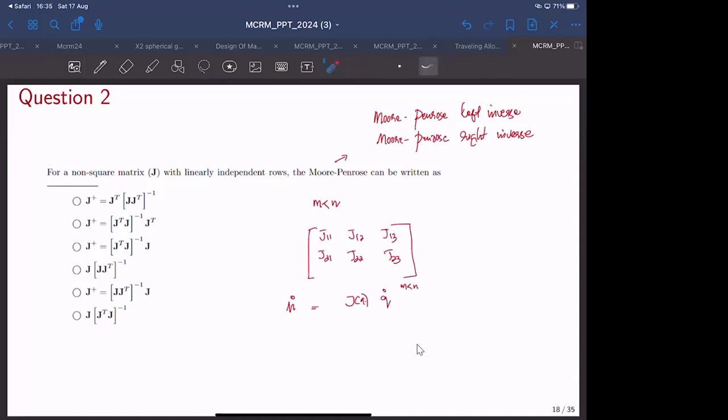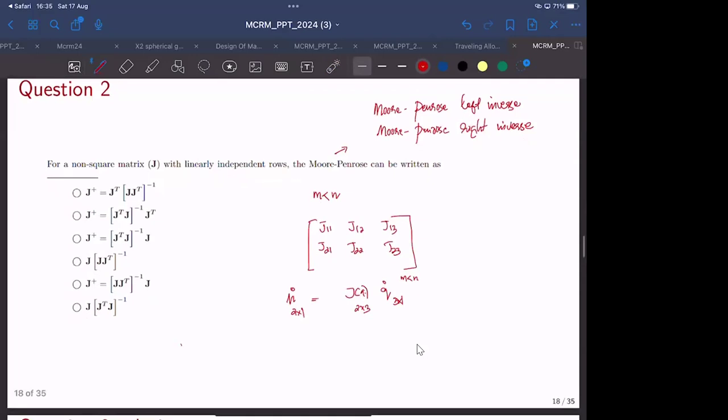And in the case of linearly independent rows, there will be more unknowns than equations. So what can you infer from this? Linearly independent rows would basically mean that the system has more unknowns than equations.